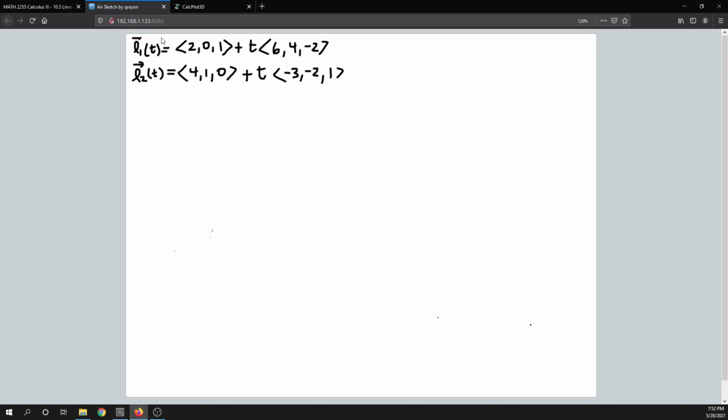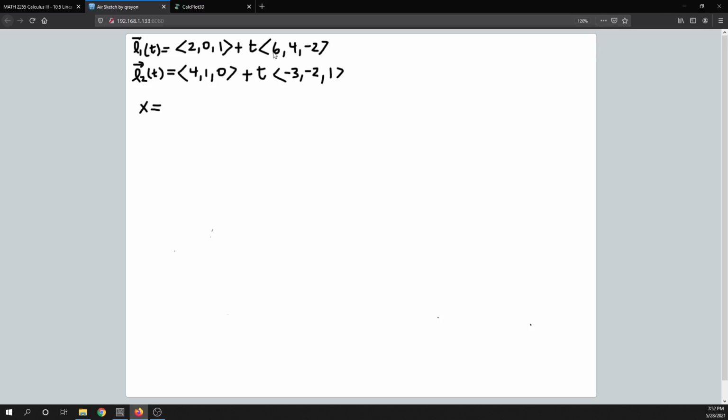We're going to write these in terms of the parametric equations, right? So looking at line L1 and translating this into the parametric version, we have x equals 2 plus t times 6, so 2 plus 6t.